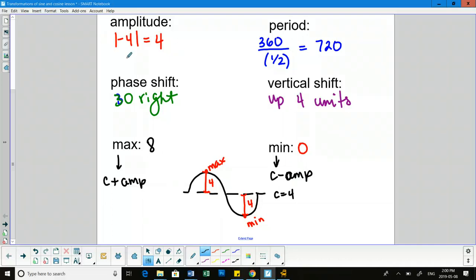Okay, so just to remind you guys, we never talk about amplitude and period as negative values. Can someone tell us why we don't want amplitude and period to be negative? Nobody knows? Ivana?